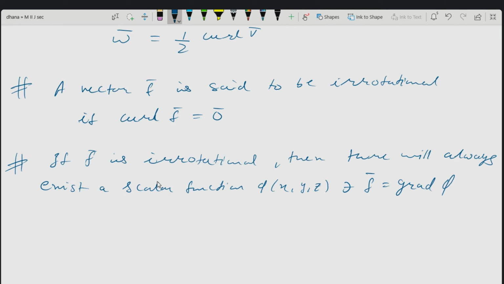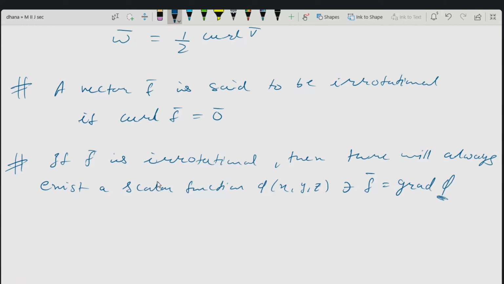They will give you f bar and ask you to check whether it is irrotational. You will calculate curl of f bar, prove it to be 0 bar, and say that f bar is irrotational. They will ask you to find this phi also. How you will calculate this phi, we will see later.